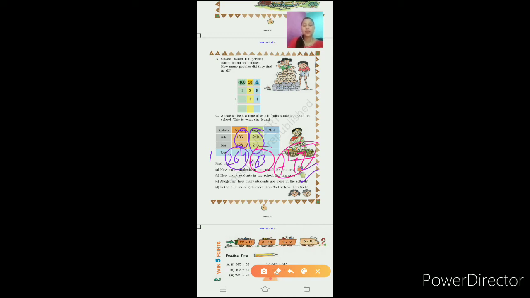Next is, is the number of girls more than 350 or less than 350? So they want to know if the number of girls is more than 350 or less than 350. So when you add this row, you will get the total number of girls. Okay, it's the girl section, na?